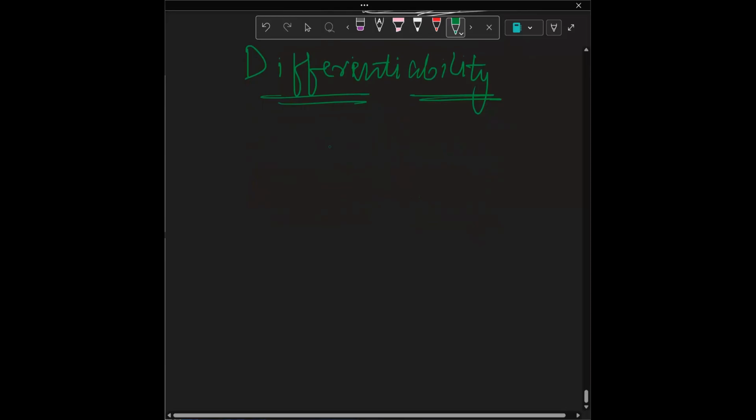Okay, do you know about differentiability before this? आप किसी ने किया differentiability क्या होता है? How to differentiate any function? Anyone? Yes, sir. Okay.